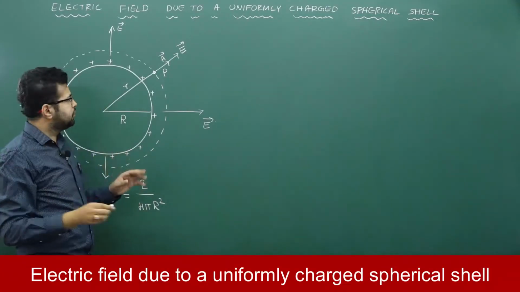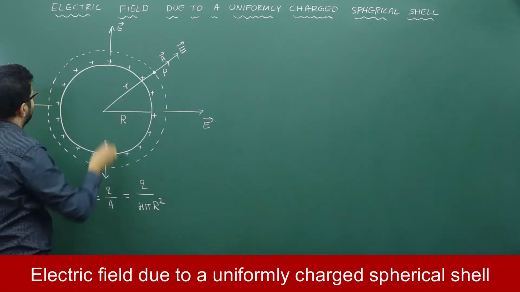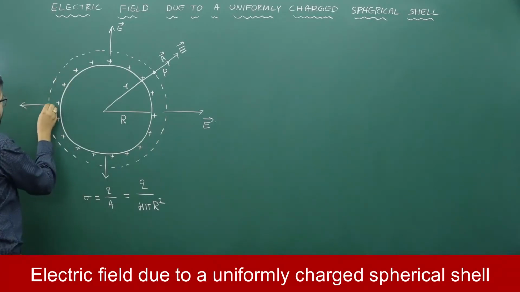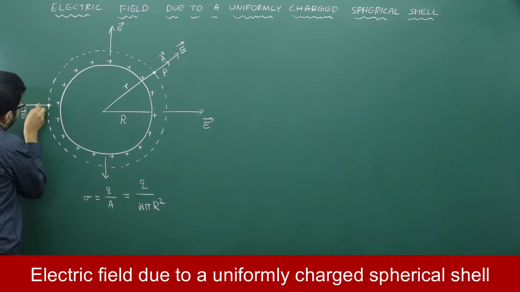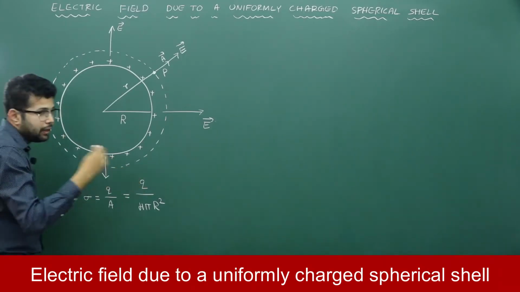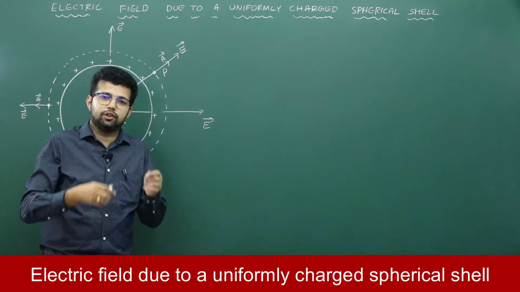What you need to observe is that wherever you consider the point P, electric field is radially outwards, and area vector is also outwards. So, the angle between electric field and area vector is 0 degree everywhere.